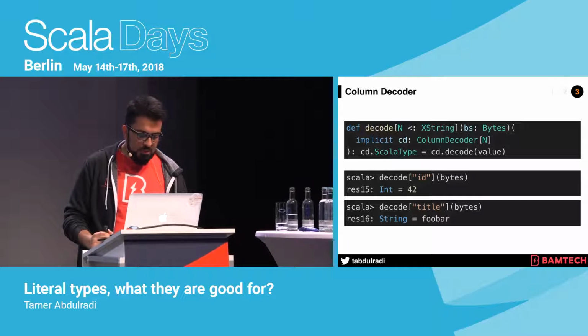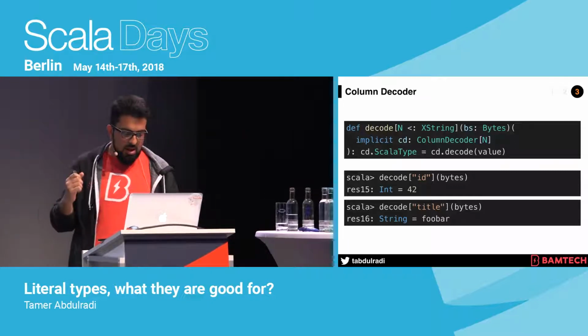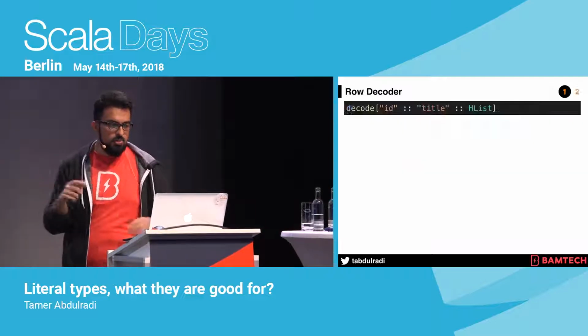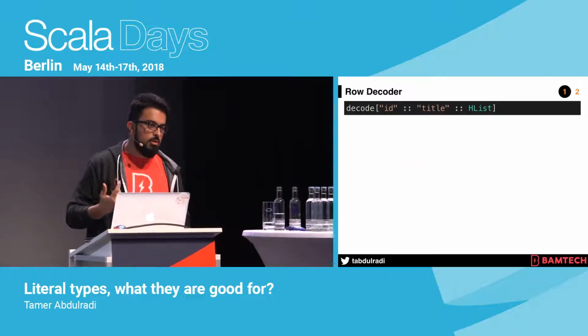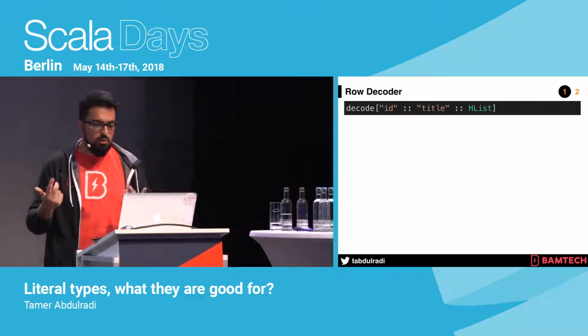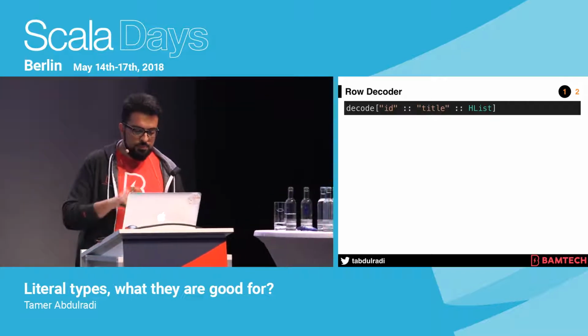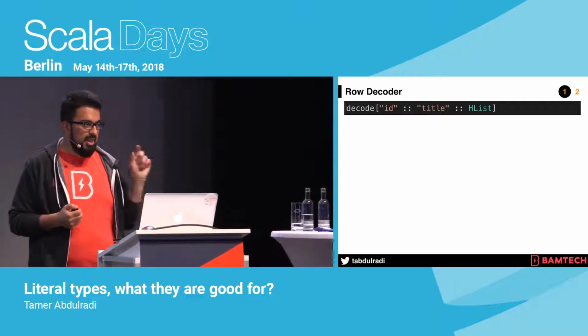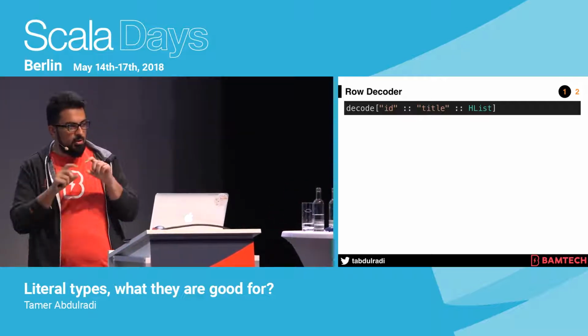One more improvement to this. Instead of decoding or selecting one column, I want to be able to select multiple columns, because this is normally how we do select statements. In order to do this, I use HList to represent a list of column names on the type level.